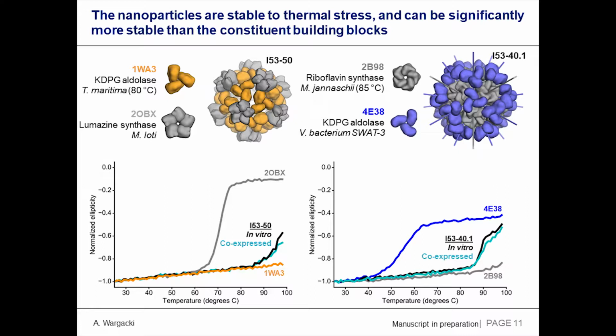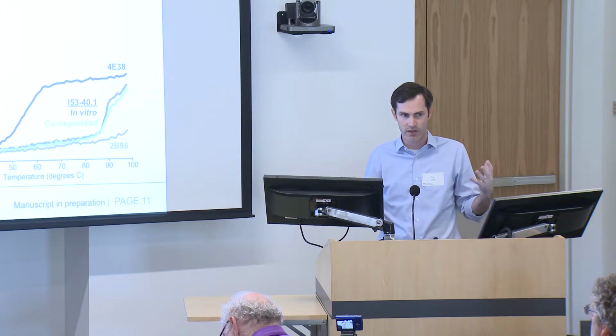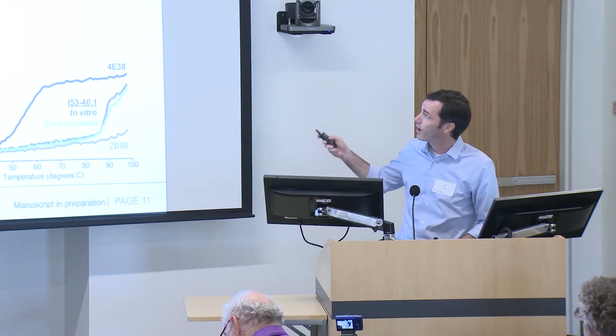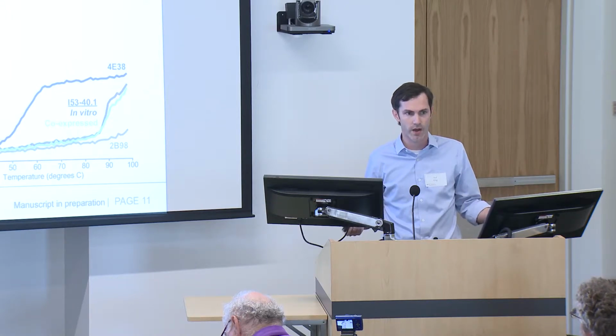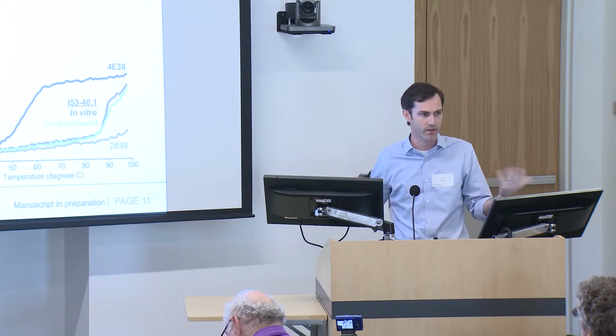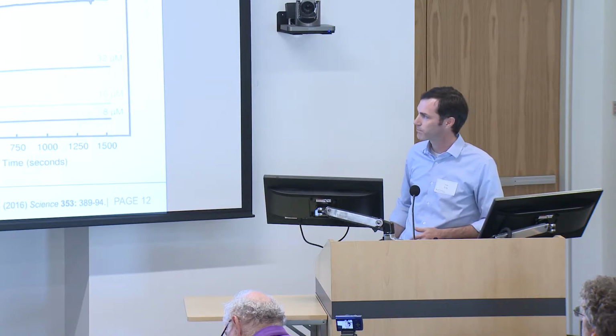When you assemble these into the particles, they are also quite stable, and you can see stabilizations of 30 to 40 degrees Celsius for the weaker component upon assembly into the particle. That's, we think, mainly driven by the very, very large amount of hydrophobic surface area that's buried upon assembly of these particles. So stability is a very important characteristic of vaccines, and so we think this is favorable for the use of this platform for multivalent antigen presentation.